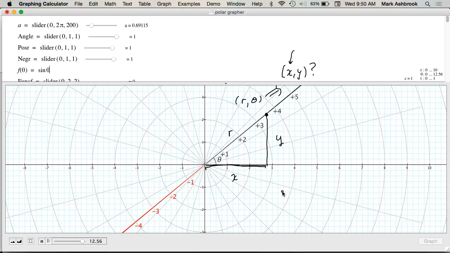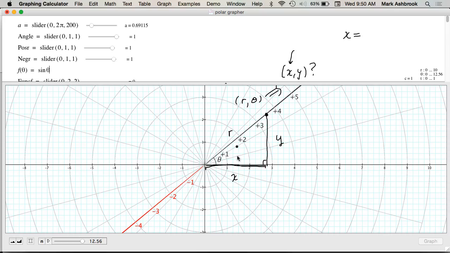So you should be thinking trig right now. We've got a right triangle, right? The x and y coordinates make a right triangle. And so we have our trig relationships, right? Cosine theta is, what's cosine theta?